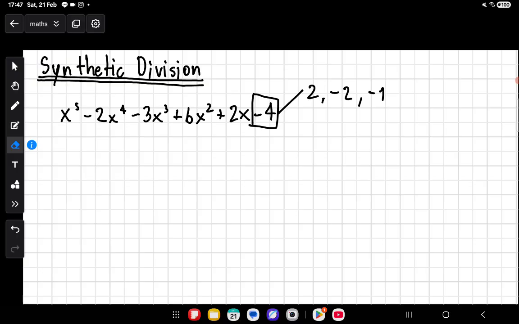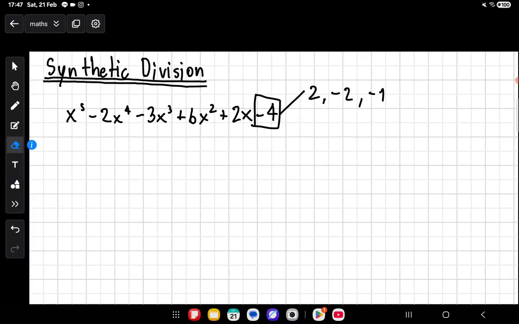Since the number is really large and I probably can't think of it by myself as of now, I'm going to be using a calculator's assistance. Sorry. Wait, so plus 2x minus 4.